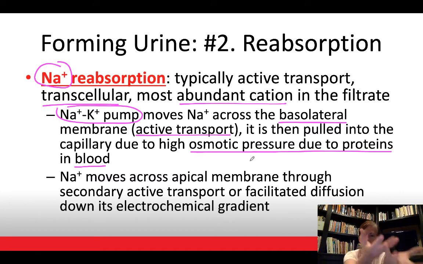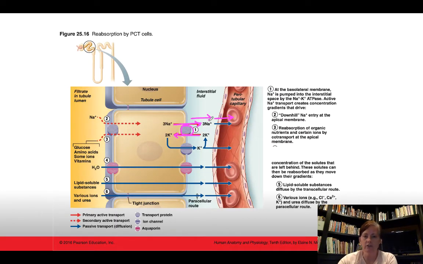So it's going to pull the sodium in with it down its concentration gradient and move it into the capillary. So that's what's happening at the basolateral membrane, and that's this membrane here.